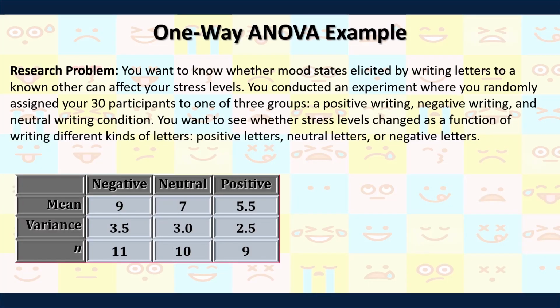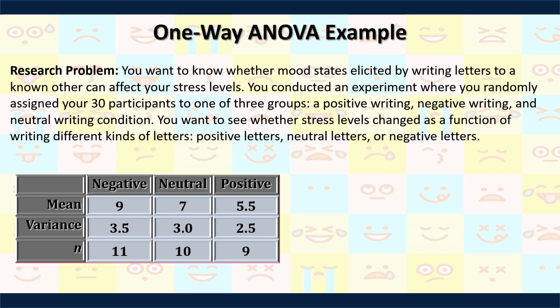Here's an example of when we might use a one-way ANOVA. You're interested in testing the idea that writing letters to a known other will affect stress levels. For this experiment, you randomly assign participants to one of 3 conditions and ask them to write letters to a friend. In the negative condition, you ask them to write a negative experience they recently had with this friend.